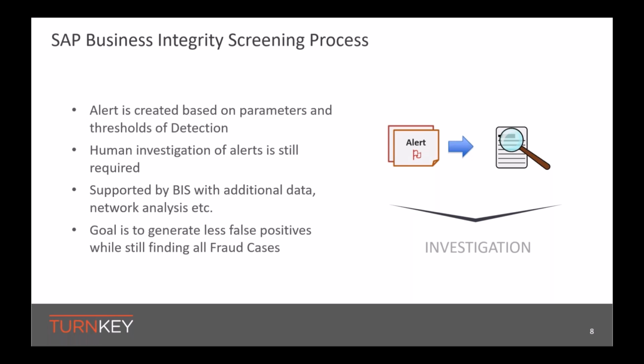And also BIS is supporting with additional data and information. You have navigation targets, you can jump into the target systems. You have network analysis supporting you to investigate this alert and make this investigation more efficient. Still, the goal is to generate fewer false positives, while we still find the true fraud cases.